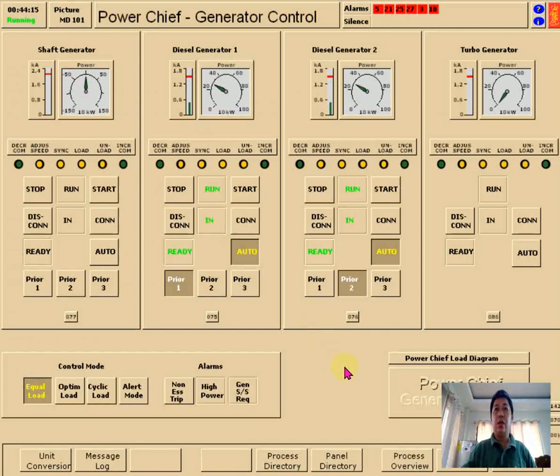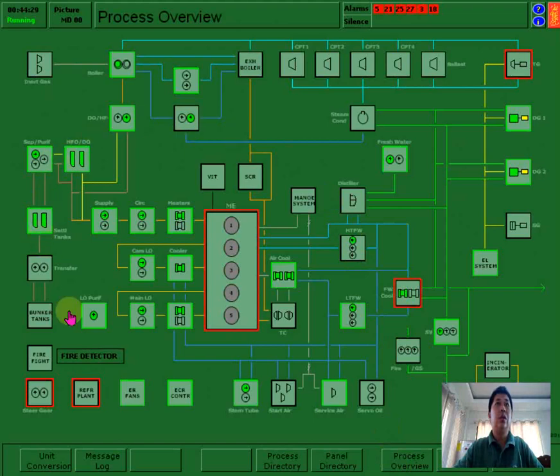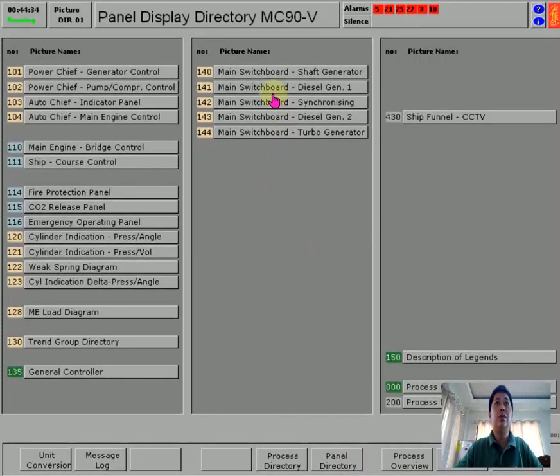Anyways, I will repeat the explanation. If you reduce the load, let's say you stop some machinery here, what will happen?